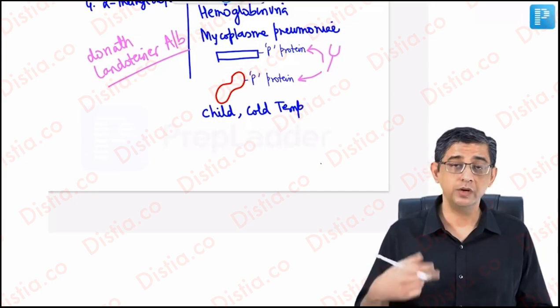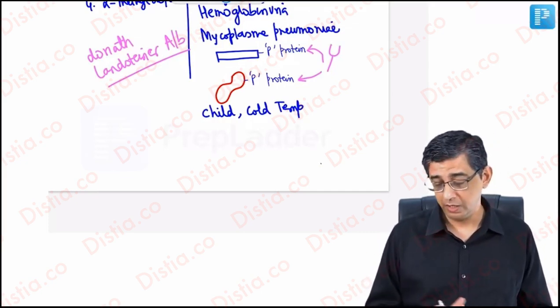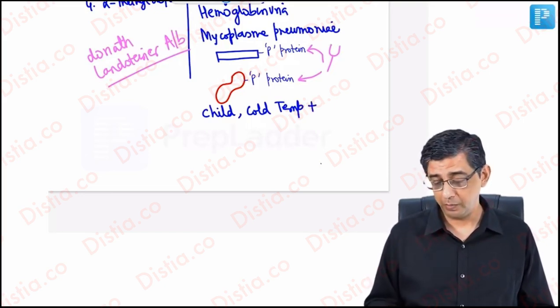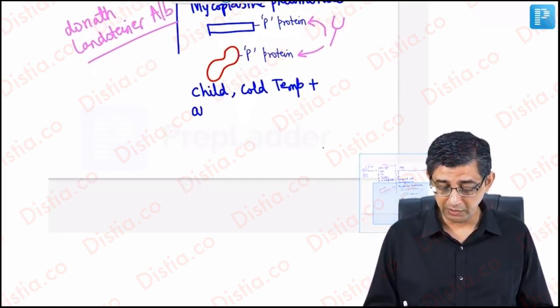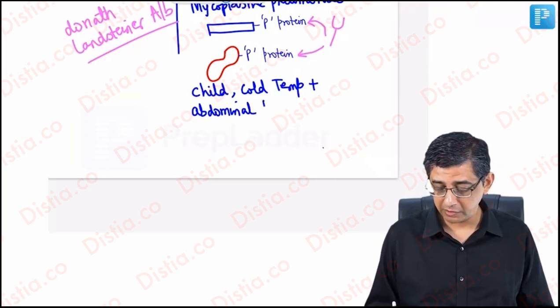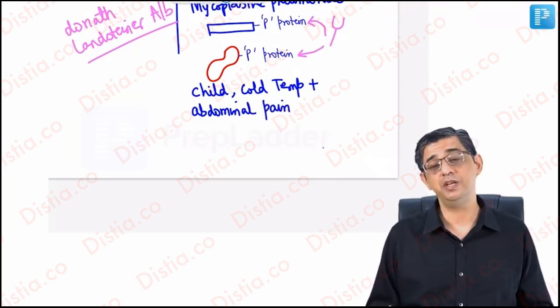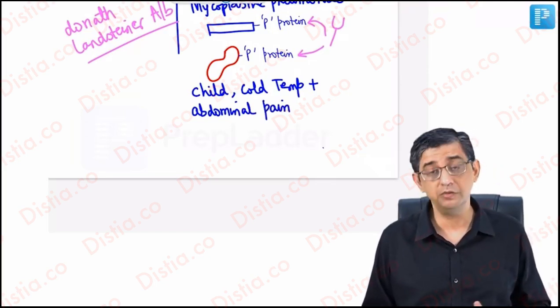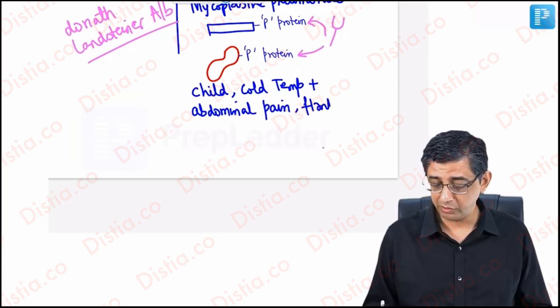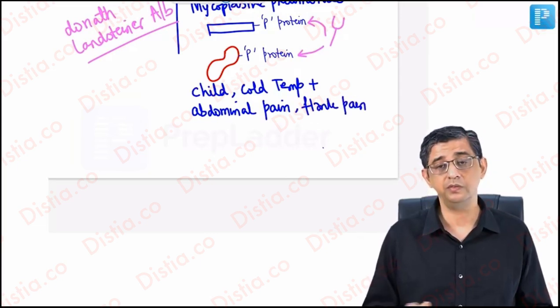When this child who has already been exposed to Mycoplasma pneumoniae is exposed to cold temperature, that is when the problems of the child will develop. Initially, they will think that the child is behaving very fussy because there might be intravascular hemolysis occurring in the child. Initial manifestation could be very non-specific in the form of abdominal pain, or it could even be flank pain, because you see, after all, there's going to be hemoglobinuria in this case.